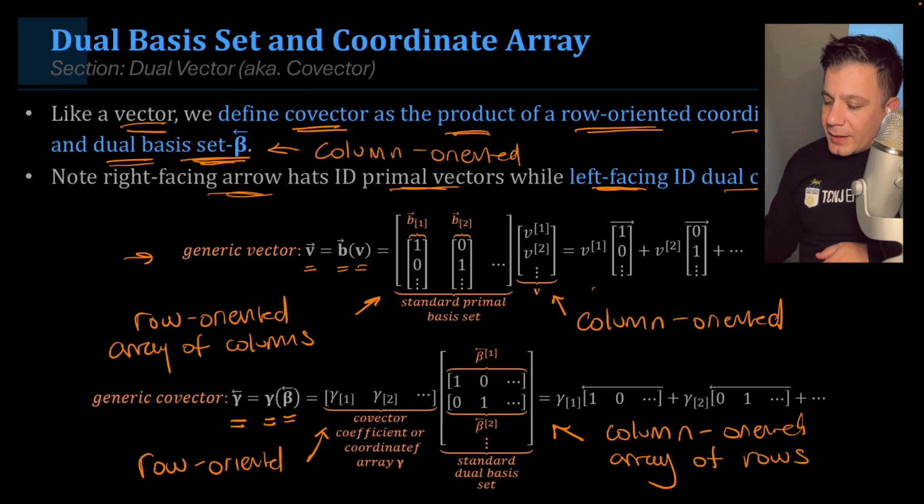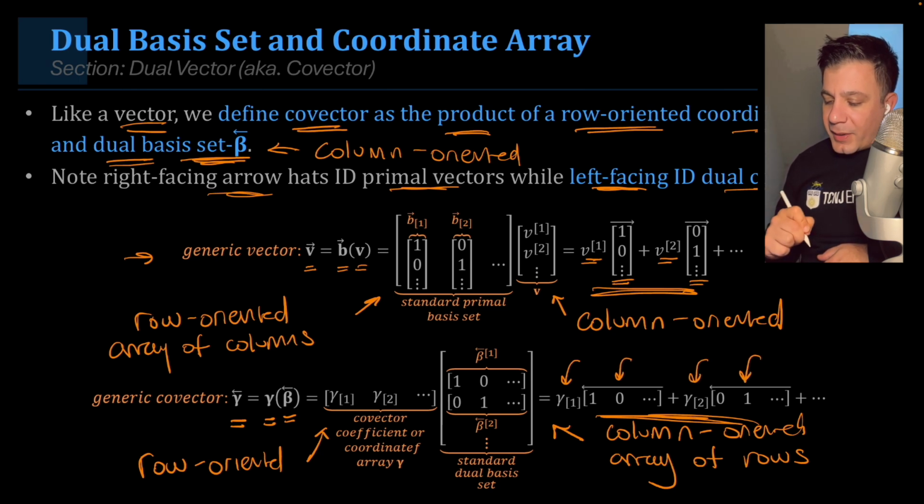And so here and here you can see the result of that weighted sum. For the vector, you have the first coefficient times the first basis, second coefficient times the second basis. And for the covector, again, first coefficient times first basis, second coefficient times second basis.